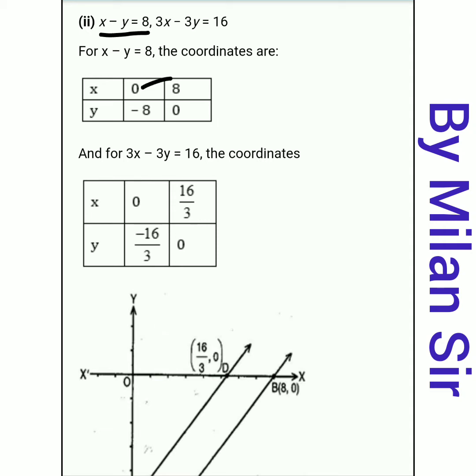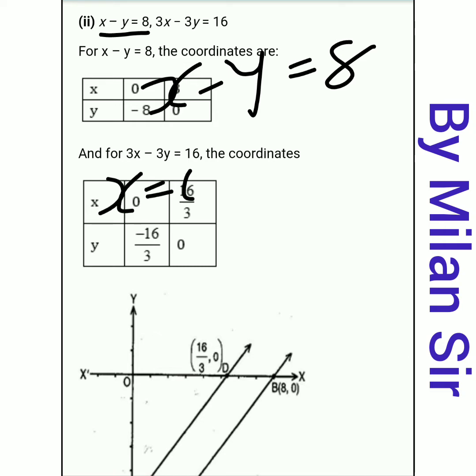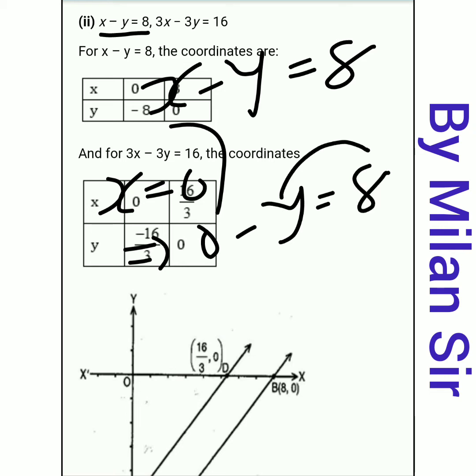First of all, in the first equation, that means x minus y is equal to 8, put x equal to 0. So if we put x equal to 0, then 0 minus y is equal to 8. Now transfer this y to the right hand side and 8 to the left hand side. Here 0 is there, so we ignore it. So y becomes positive if we transfer it to the left hand side, and 8 becomes negative.